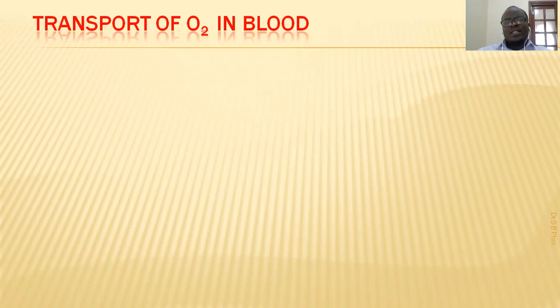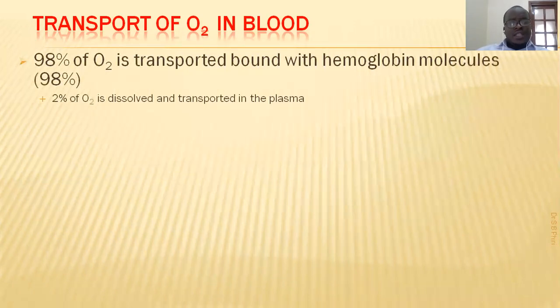In as much as I'm generalizing this to transport of oxygen in blood, I'm more interested in the function of the red blood cell itself in the transportation of oxygen. 95% of oxygen after gaseous exchange in the lungs will combine with adult hemoglobin for transportation. Then 2% of oxygen will dissolve and be transported in plasma.